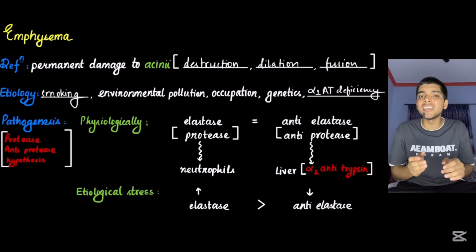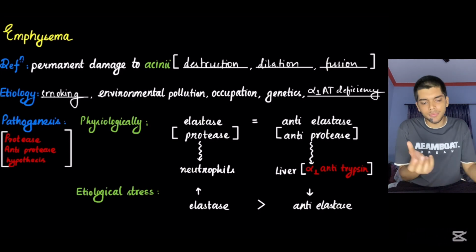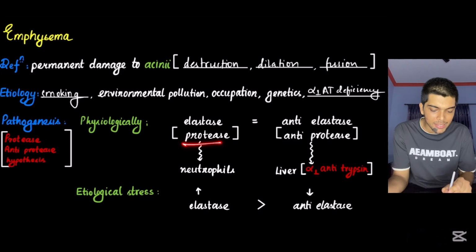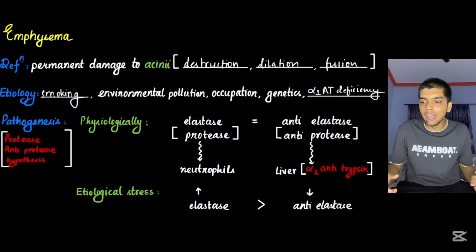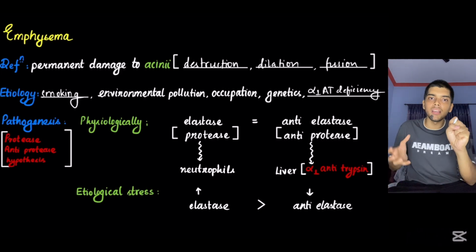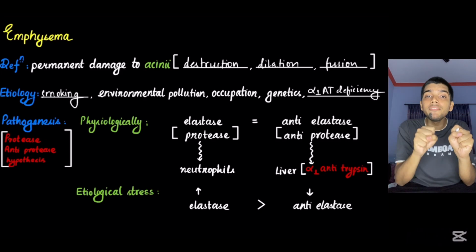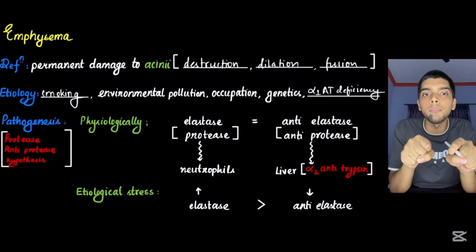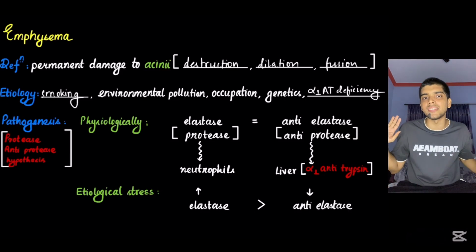Since anti-elastase is preventing the breakdown of this protein, it is anti-protease. So you have elastase and anti-elastase, which are nothing but protease and anti-protease. Physiologically, the amount of elastase and the amount of anti-elastase circulating in your blood is the same. That is why there is no excess destruction of elastic fiber.